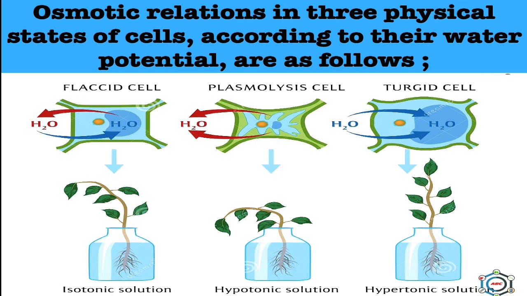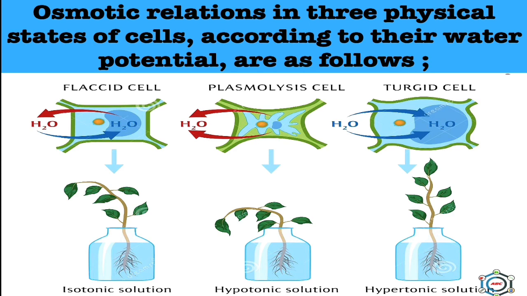So in case of the plasmolyzed cell, when the vacuolated parenchymatous cells are placed in solutions of sufficient strength, the protoplast decreases in volume to such an extent that they shrink away from the cell wall. The cells are plasmolyzed. Such cells have a negative value of pressure potential.